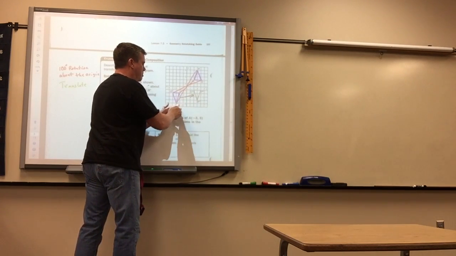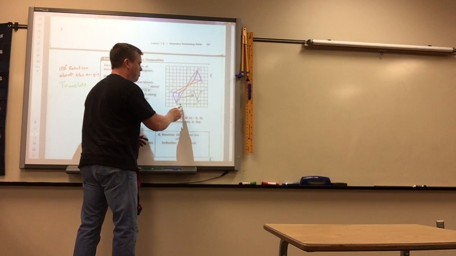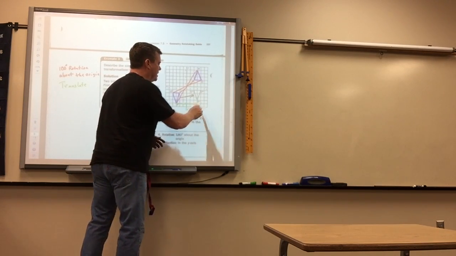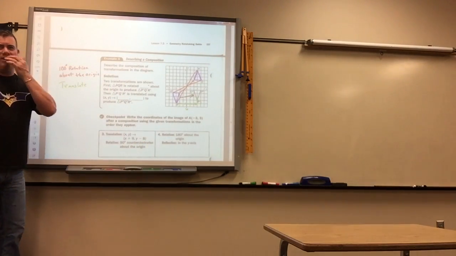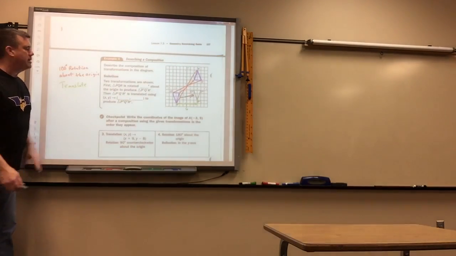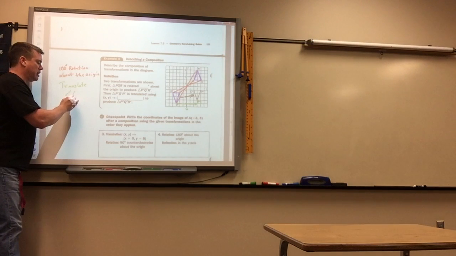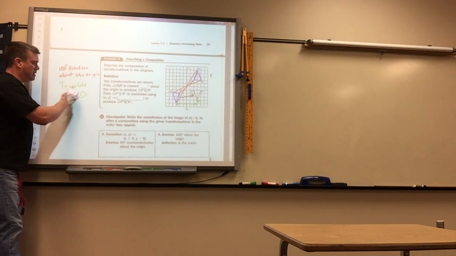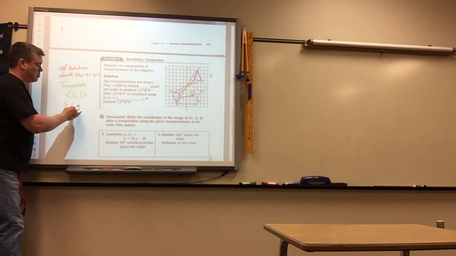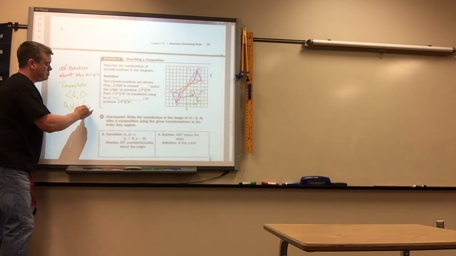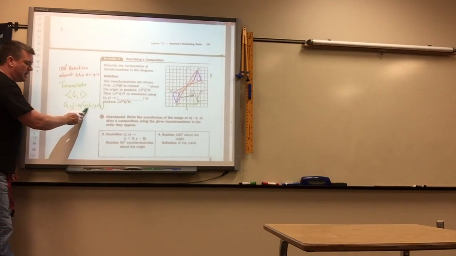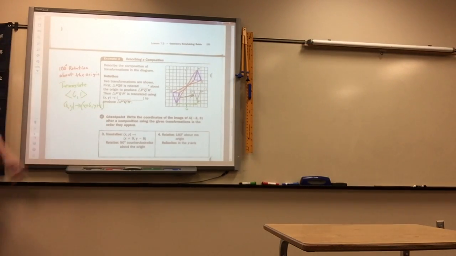To get from R prime to R double prime, I got to go over 1, 2, 3, 4, 5, 6, and up 1. So you could say over 6, up 1. It wouldn't be wrong. Or you could write it this way. You wouldn't even have to write the word translation, you could just go like this: x, y translated x plus 6, y plus 1.